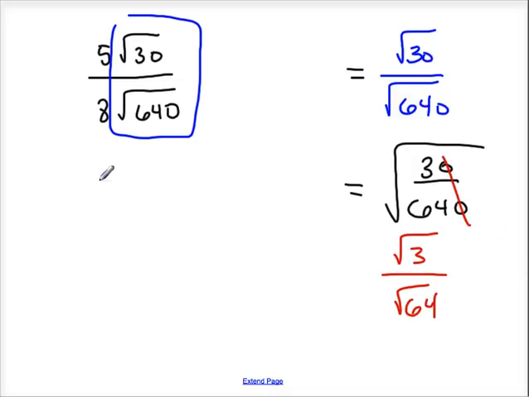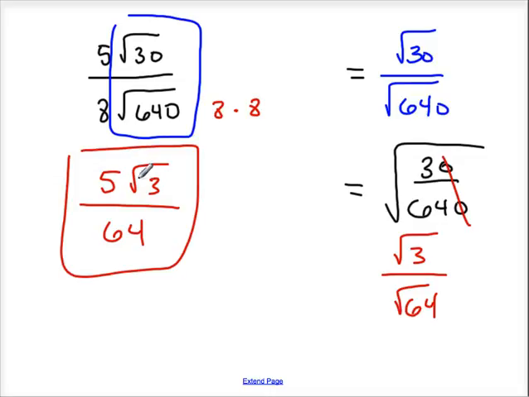So really what I have here is 5 radical 3 over, and this bottom piece is what? 8 times 8, which is 64. Do I have to do anything else? No, just check your coefficients. 5 over 64. Can they simplify? No. Answer is complete. So before you start multiplying by radicals, always try to simplify both your radicals in the numerator and denominator and see if that could be helpful.